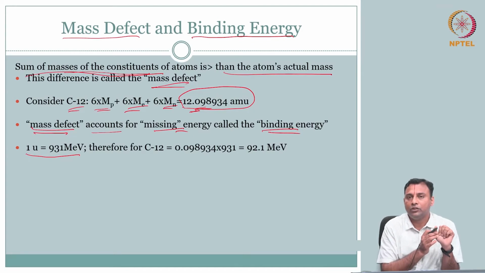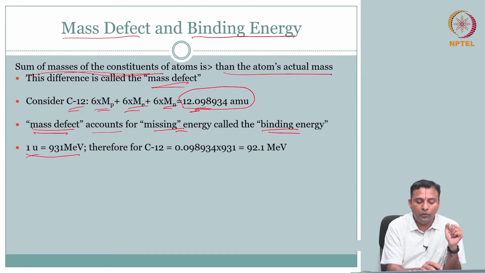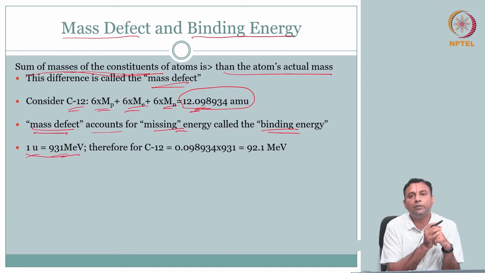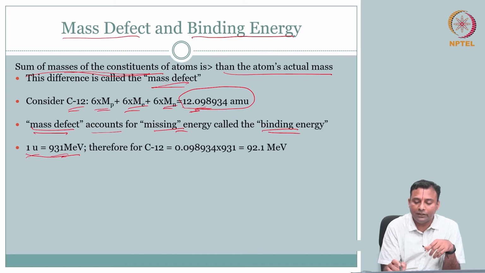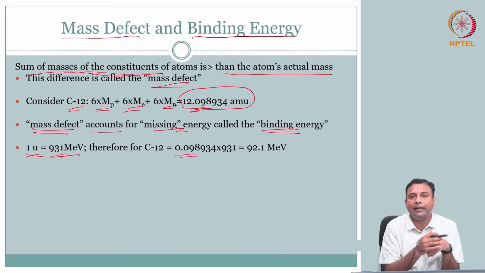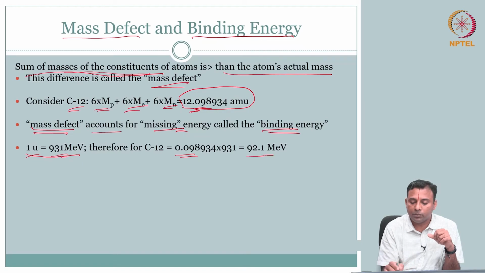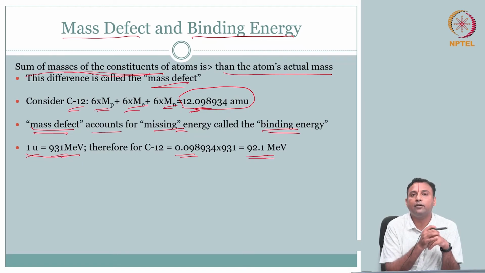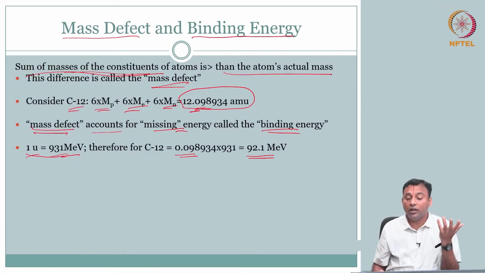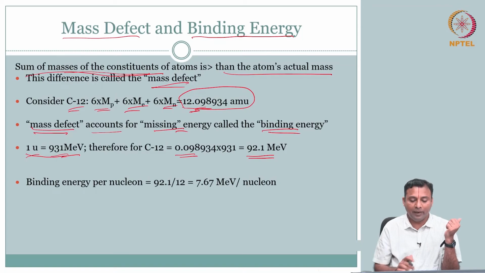So when we do that, one unit has about 931 million electron volt. So your mass defect, 0.09893 whatever, that is a small mass defect, is going to correspond to 92.1 million. What is this? That excess energy, that is your binding energy.